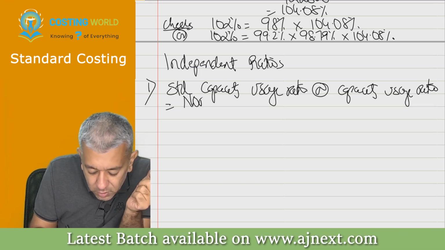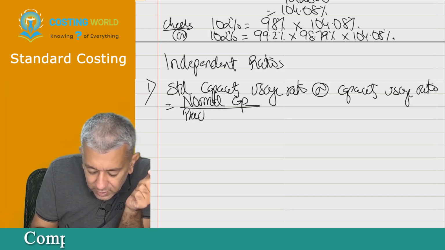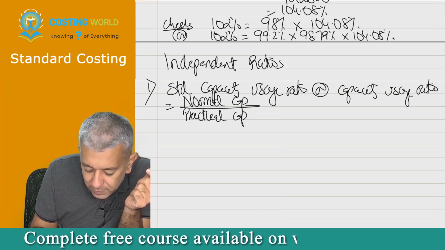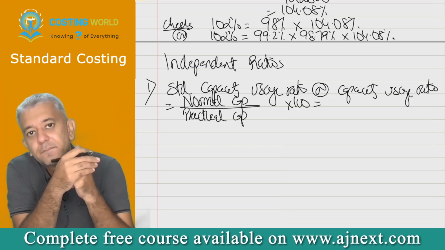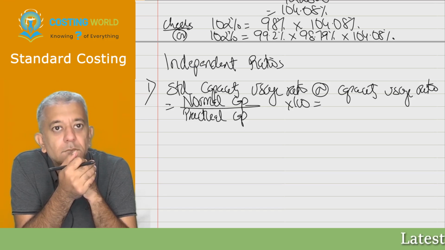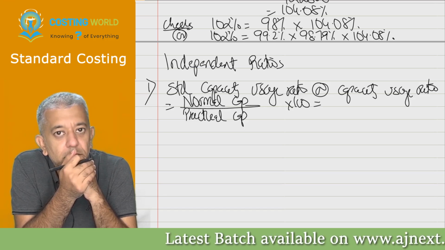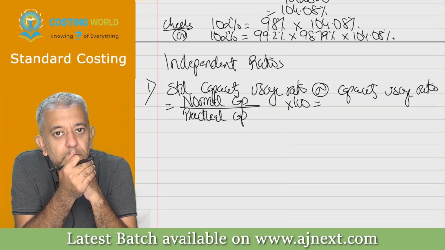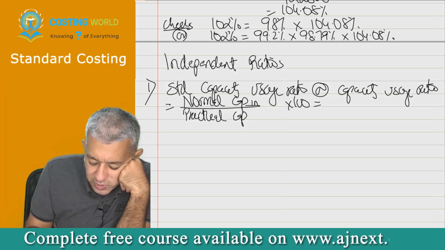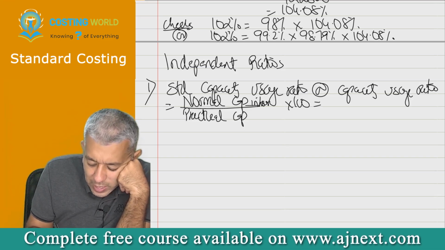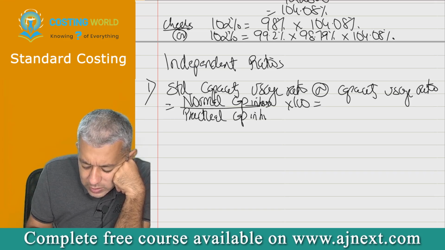You all write down normal capacity divided by practical capacity into 100. But both these figures, you take in hours only. So write down over here in hours. That is always better.